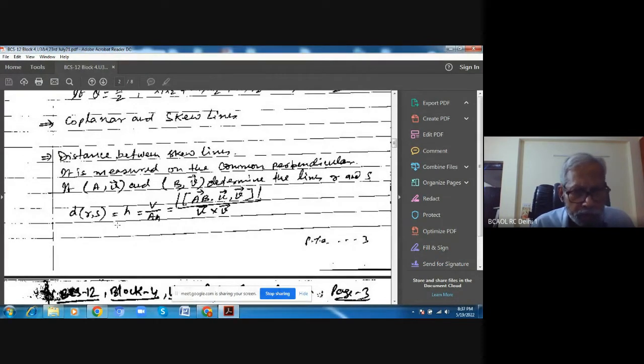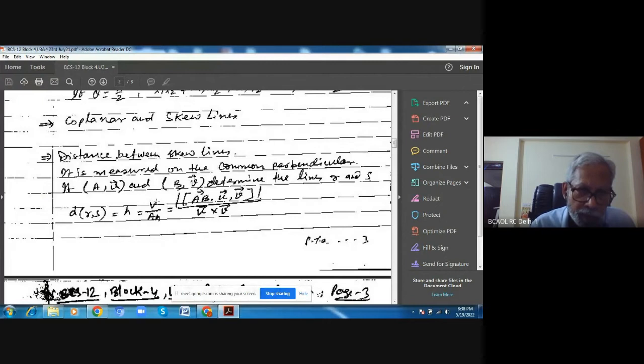In that case, the formula is D(R,S), the distance between R and S, is equal to H. We are considering H is equal to P divided by the magnitude. So this is the formula. Again, how to derive P?